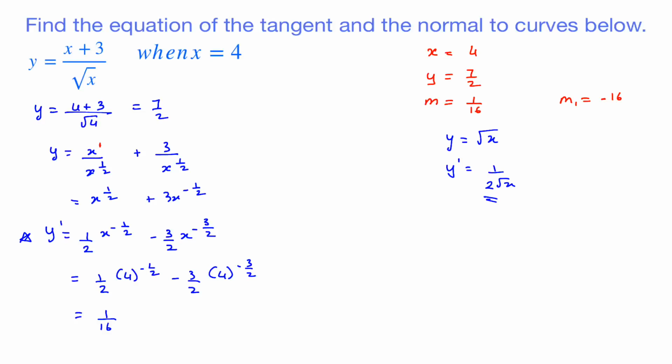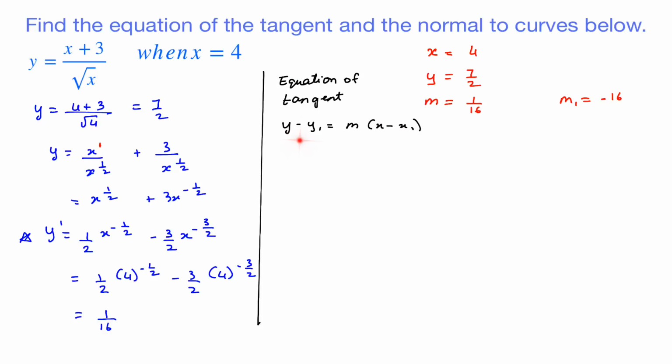Now to find the equation of the tangent and the normal, we use the equation y minus y1 is equal to m(x minus x1). Replace your x, y, and m. y1 is 7 over 2 and gradient is 1 over 16, x minus 4.